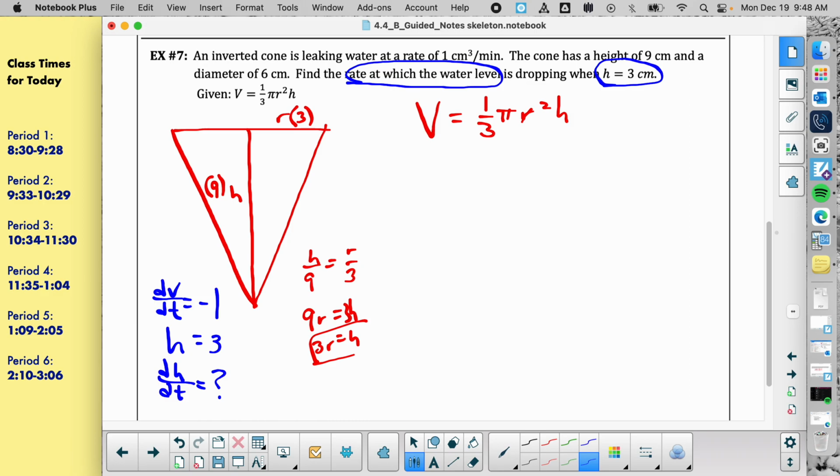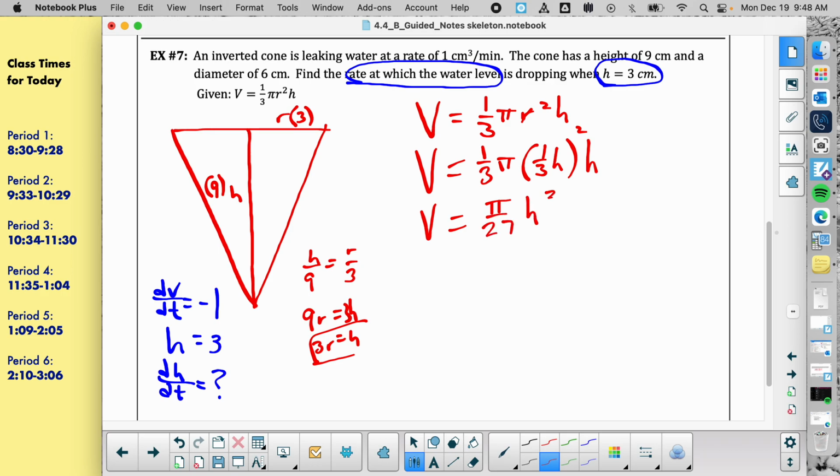Okay, so I'm gonna substitute out the radius first. And I'm gonna get 1/3 pi, 1/3 h, squared, h. So the volume is gonna be what, 1/27 pi h cubed? And then this derivative is a million times easier.